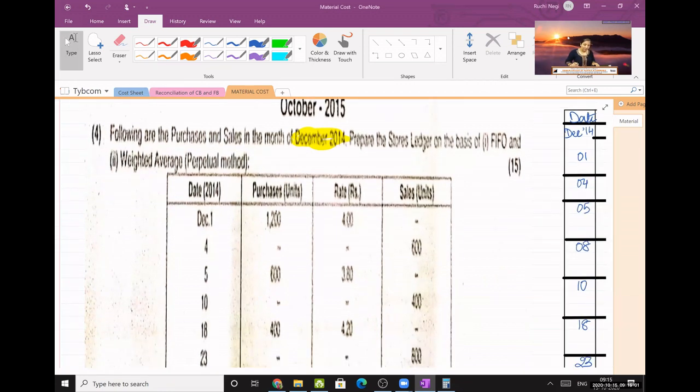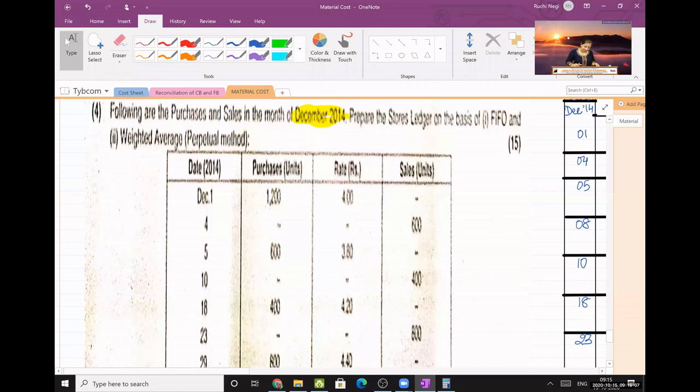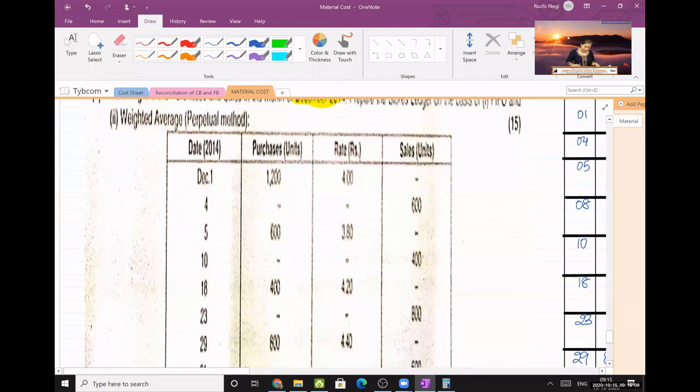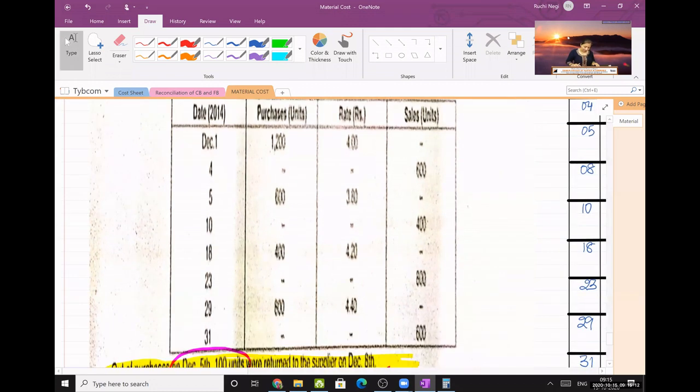Perpetual method means continuous, so that is what it is by default. Date is given, purchases, rate, sales are given.